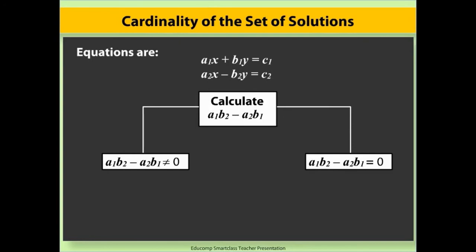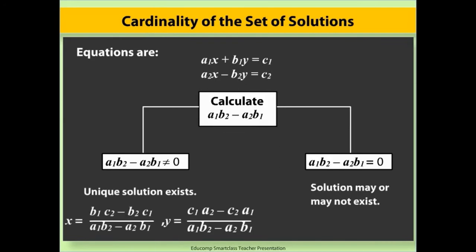Calculate a1b2 - a2b1. If a1b2 - a2b1 is not equal to 0, x = (b1c2 - b2c1) upon (a1b2 - a2b1), y = (c1a2 - c2a1) upon (a1b2 - a2b1). If a1b2 - a2b1 is equal to 0, a solution may or may not exist.